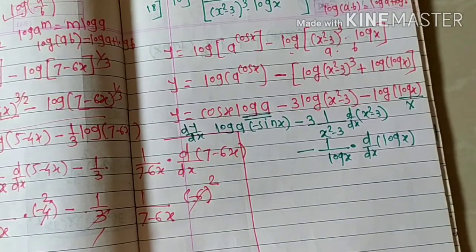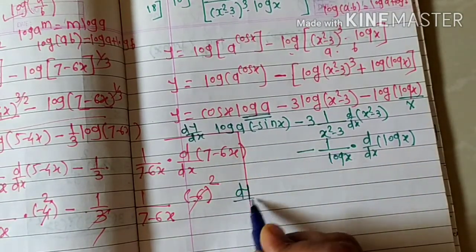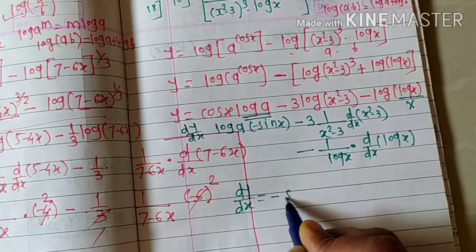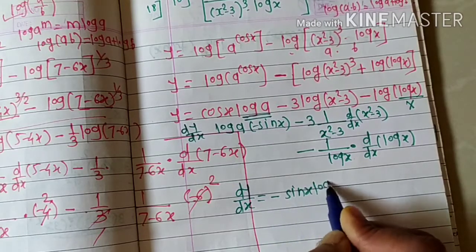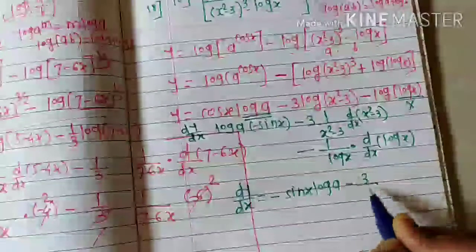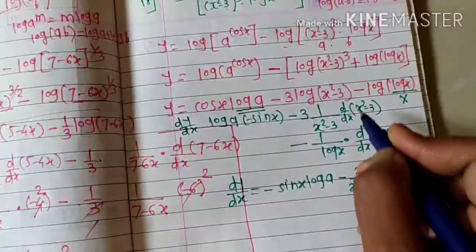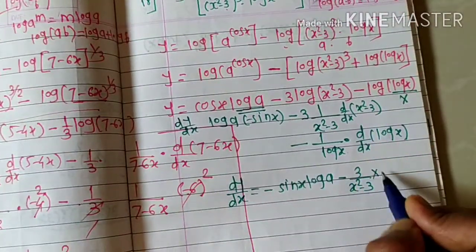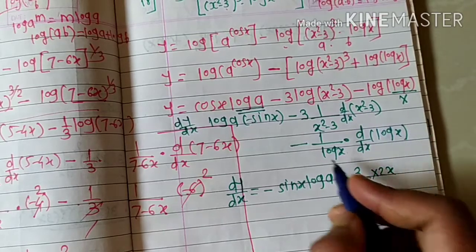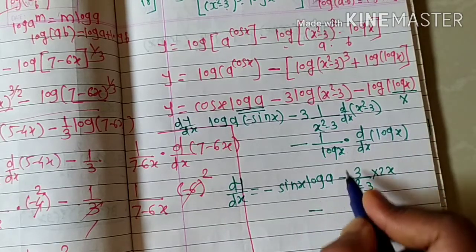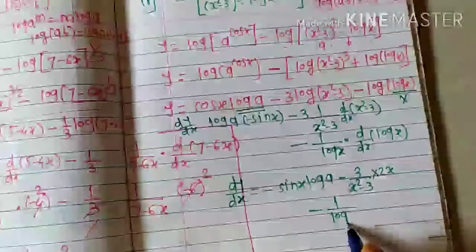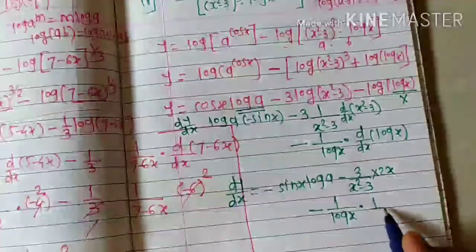Then simplify this, dy by dx is equal to minus sin x into log of a, then minus this 3 upon x square minus 3, and this x square derivative is 2x, and this 3 derivative is 0, then minus 10, this 1 upon log x into the derivative of log x is 1 upon x.